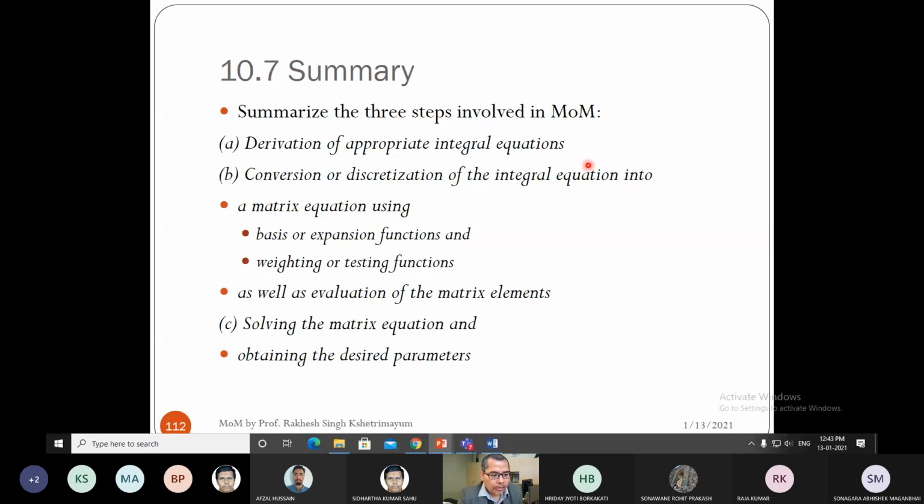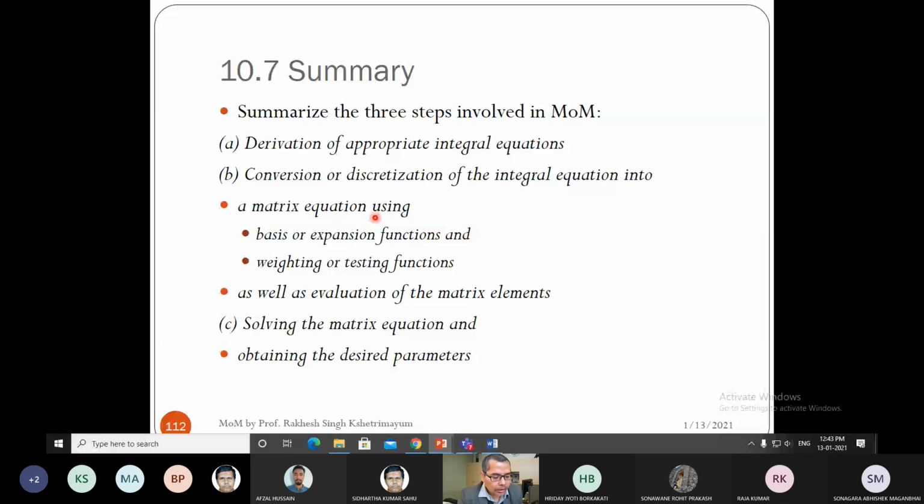How do you convert it? By applying basis or expansion functions and weighting or testing functions. These are the two steps for converting the integral equation to a matrix equation, using basis functions and weighting functions, or you can also call the basis function an expansion function. Next, once you evaluate this matrix, you find the unknown coefficients, and once you have those, you can find the unknown function.